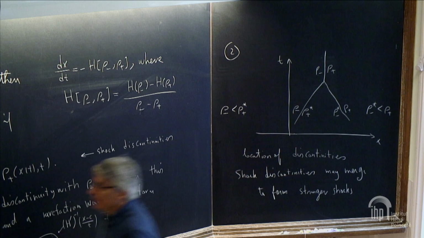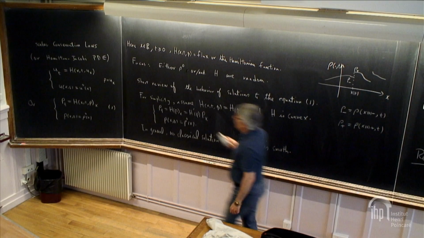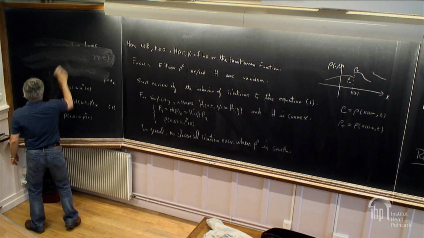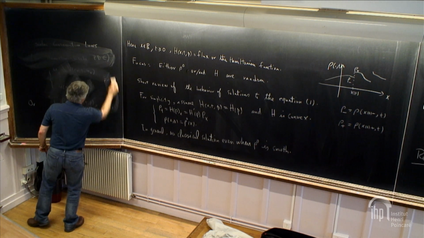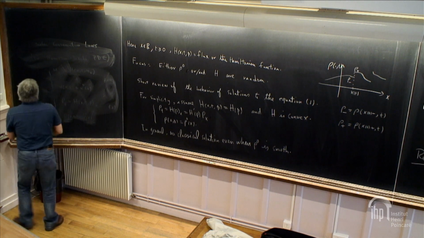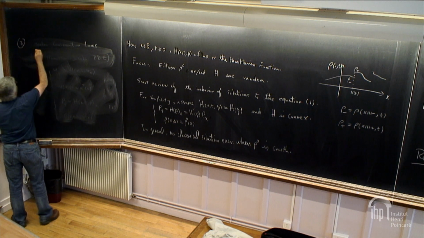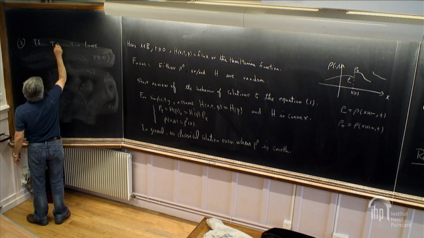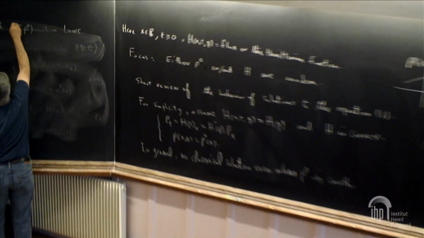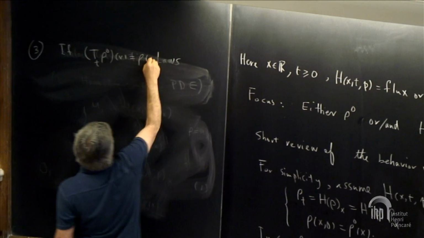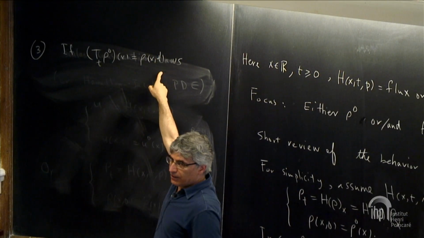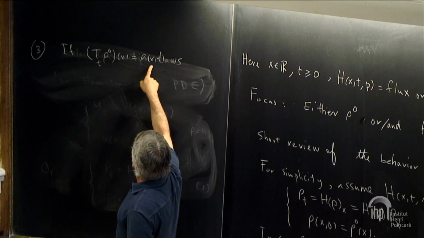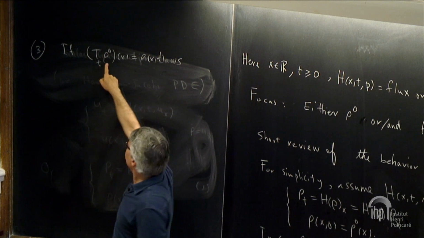And perhaps I should mention, as a third remark, which is very much related to the second remark: if T rho 0 at x is rho(x,t), so think of solving this differential equation as producing a nonlinear operator that would give you a profile at time t given the initial data.